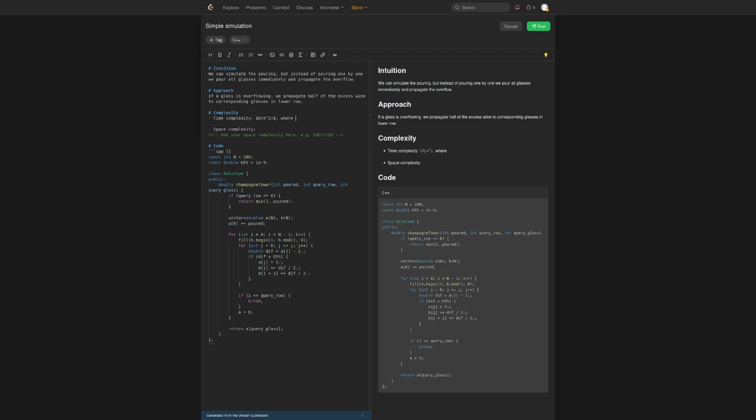O(n squared), where n is the number of rows.